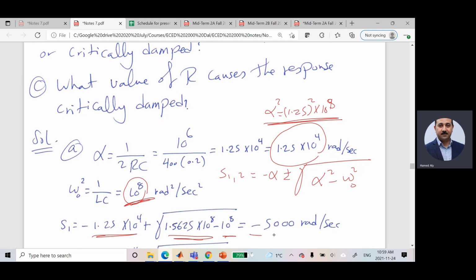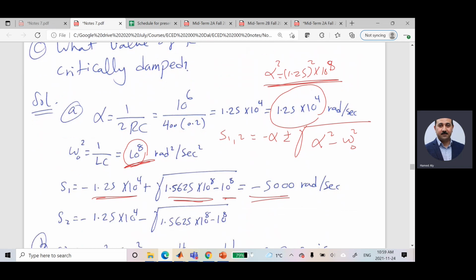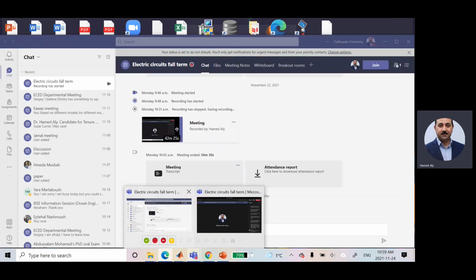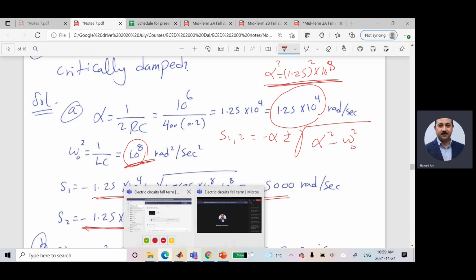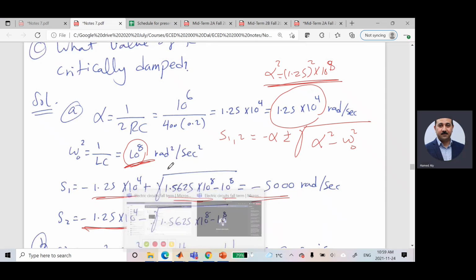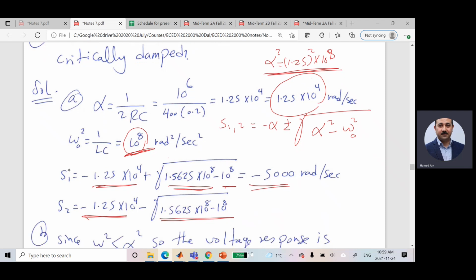It gave me this value. Then I tried to find S2, which is equal to negative alpha minus square root of alpha squared minus omega O squared. Then I calculated S1 and S2 that he asked me about, and those are the roots of the characteristic equation.